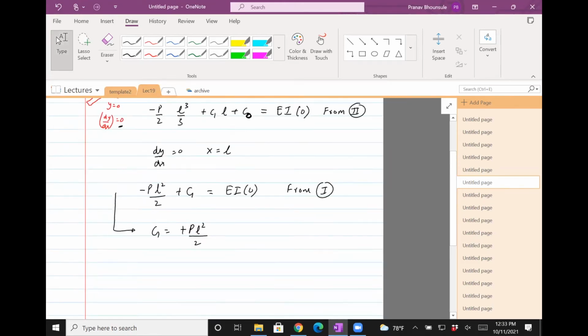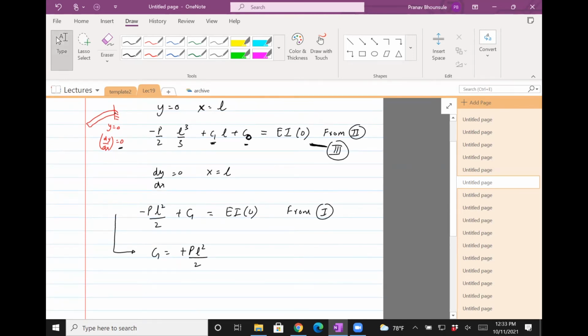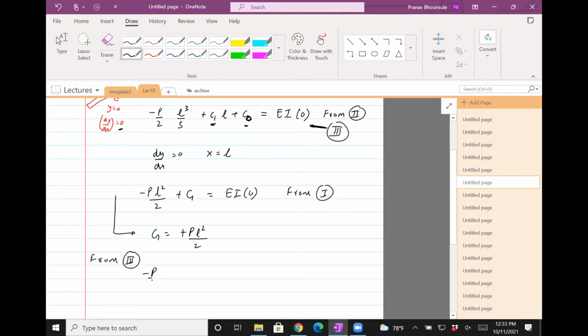Okay, if we call this 3, now we can put the value of C1 here and then find what C0 is. Let's just do that. So from 3, minus P divided by 2, L cubed divided by 3 plus C1, which is PL squared divided by 2 times L, plus C0 is 0.